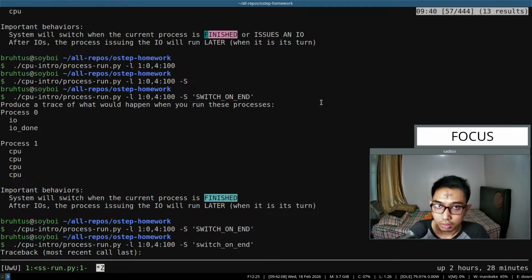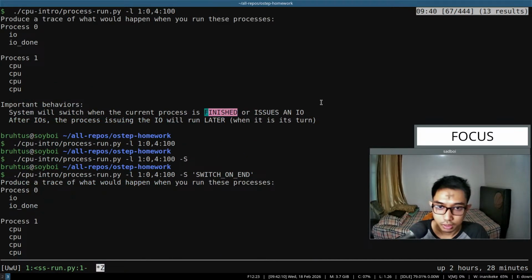If you take a look at the other option, it's current process is finished or issues an input-output. So issuing an input-output means that when the current process is doing some input-output work, we switch to another process.